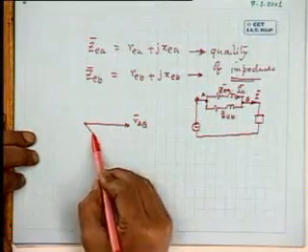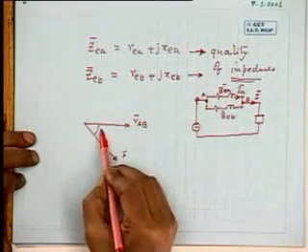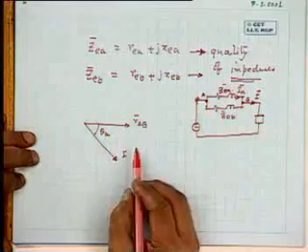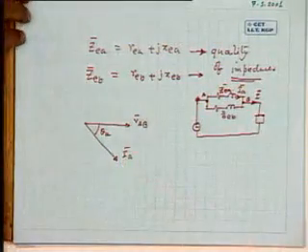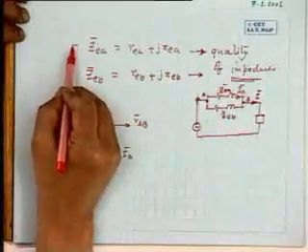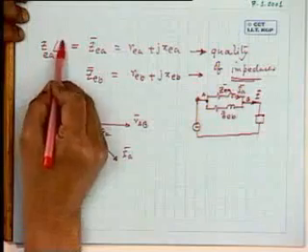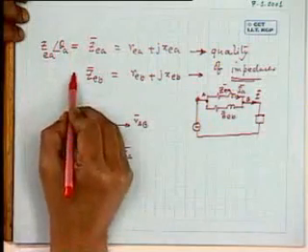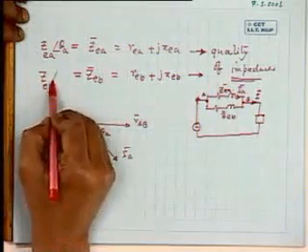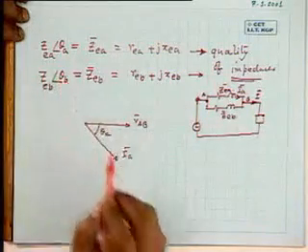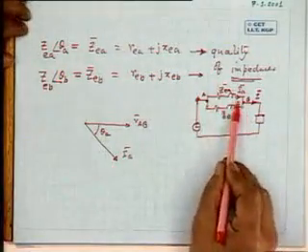So this current IA bar will be lagging this V bar AB by its impedance angle, say theta A. This impedance is of magnitude ZA and angle theta A. Similarly, this transformer is ZB with angle theta B.